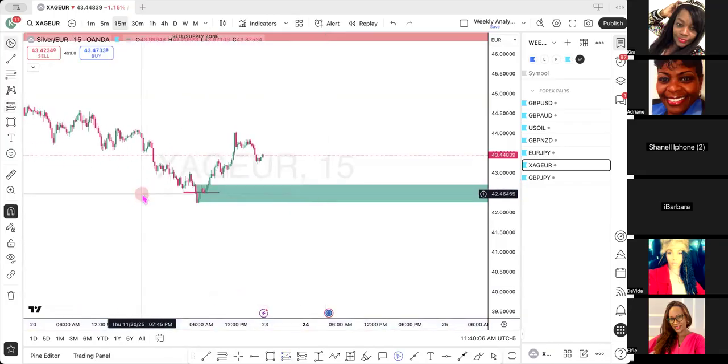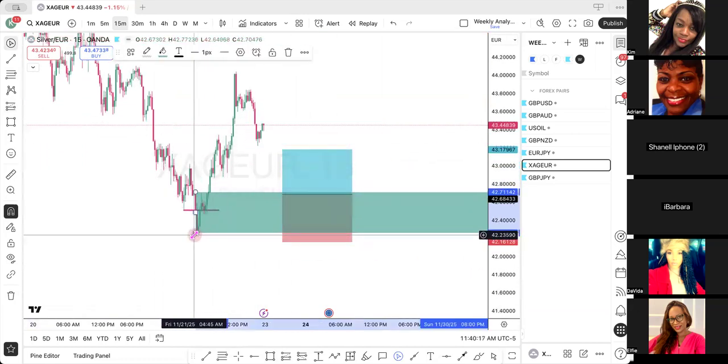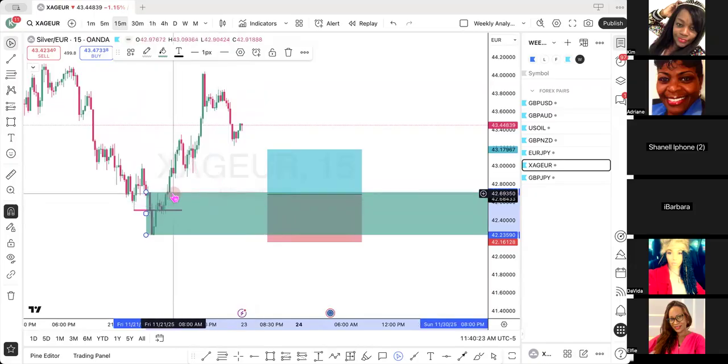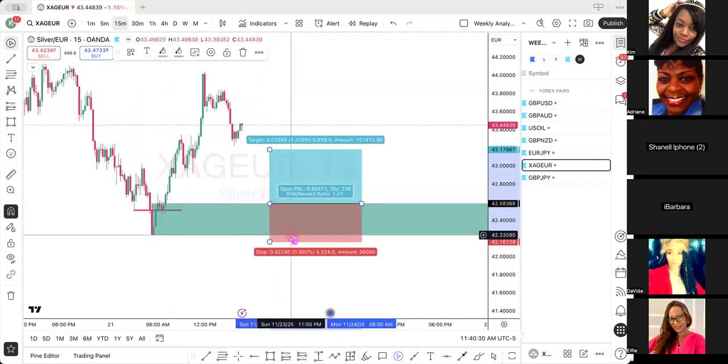Move this out of the way. I just don't like that there are no wicks on here. And my last down candle would be this one. So I would set a limit.